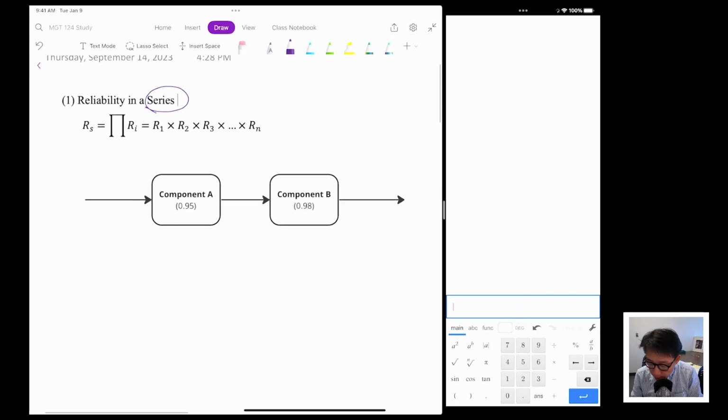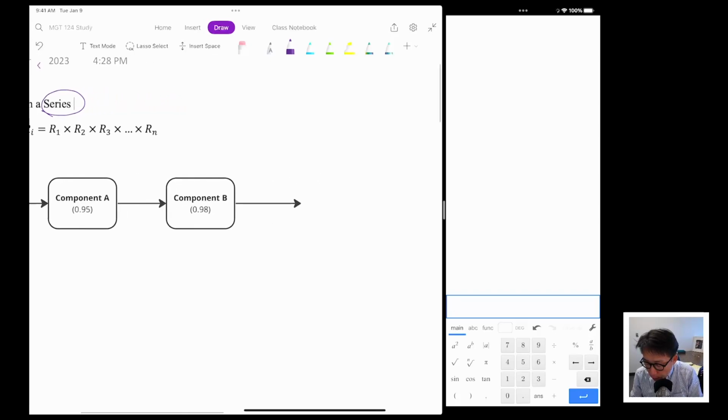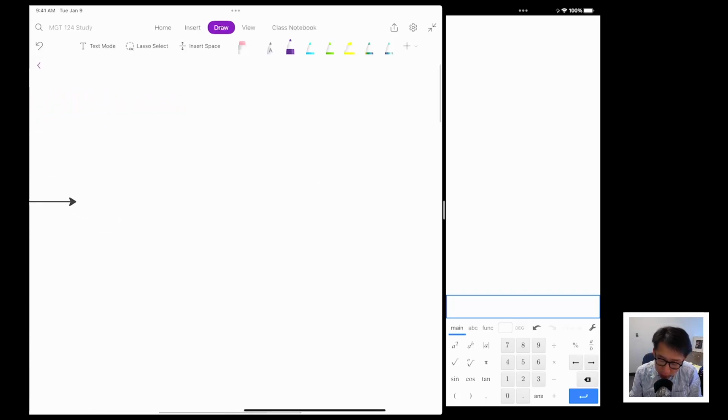Okay, so how do you understand the reliability of the entire system, not just component by component? I will use a little tool called a tree diagram to show you this concept. There is a chance that A is functioning just fine.